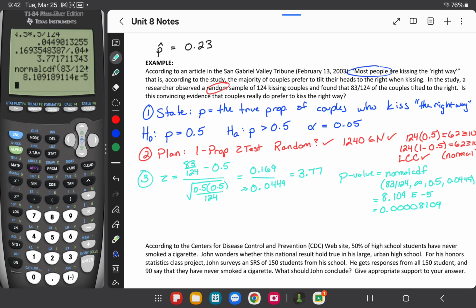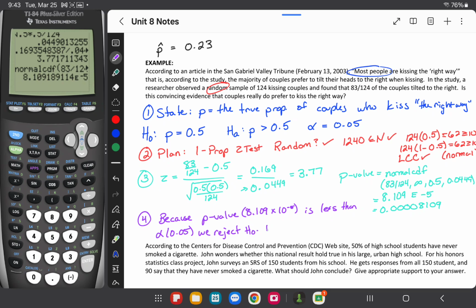Okay. Last but not least, let's write our conclusion now. Based on our p-value, we're going to say that because our p-value, and make sure to actually say what the p-value is, so I'll say 8.109 times 10 to the negative fifth power, is less than our significance level, which again, make sure to include, 0.05, we are going to reject our null hypothesis.